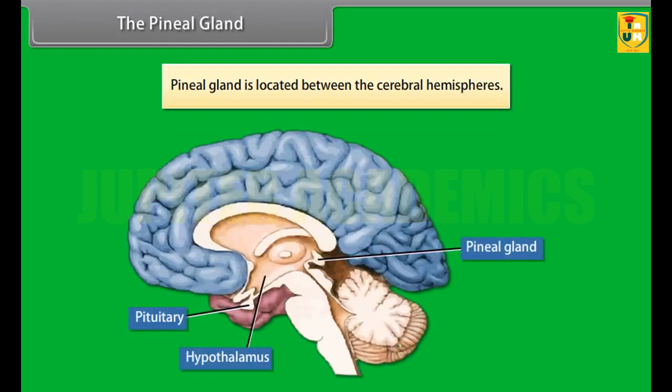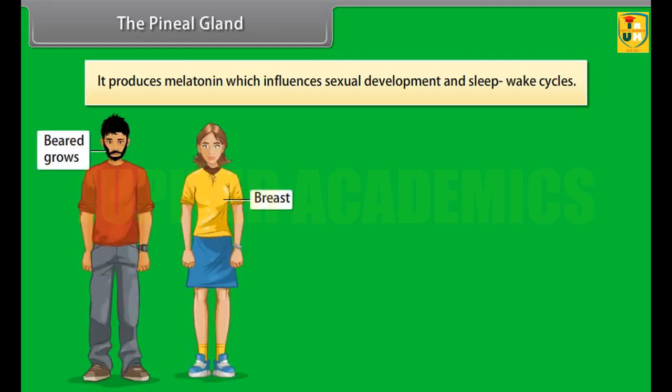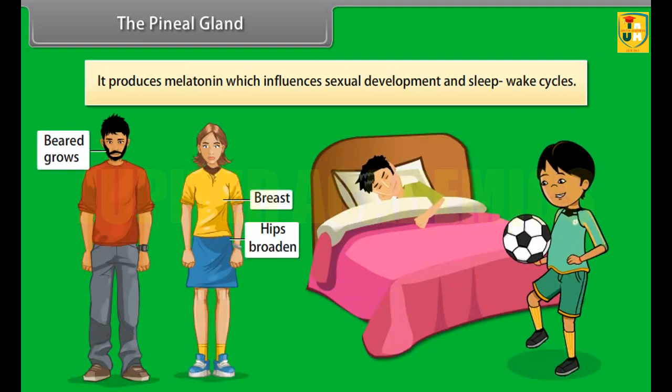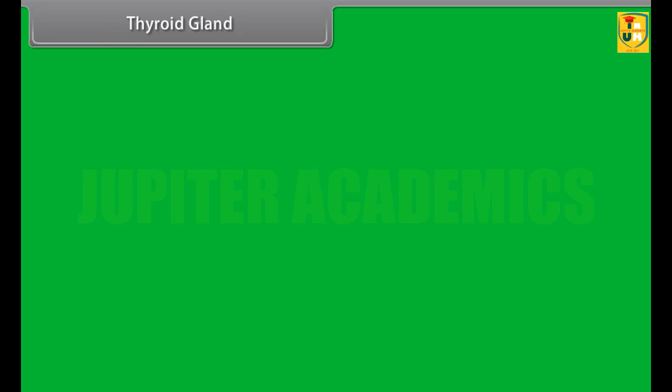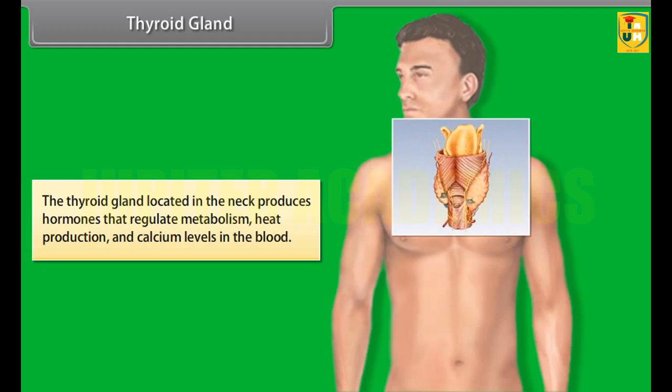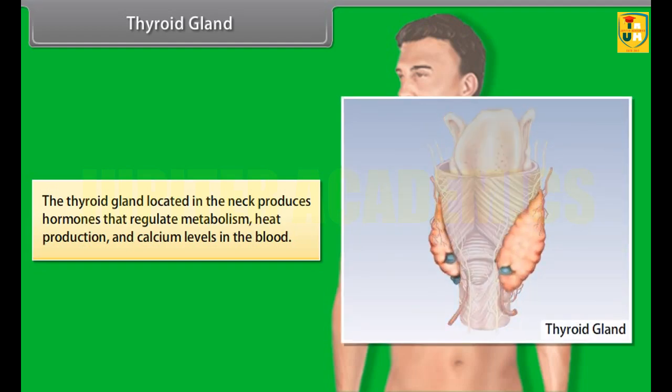The pineal gland. The pineal gland is located between the cerebral hemispheres. It produces melatonin, which influences sexual development and sleep-wake cycles. Thyroid gland. The thyroid gland, located in the neck, produces hormones that regulate metabolism, heat production, and calcium levels in the blood.